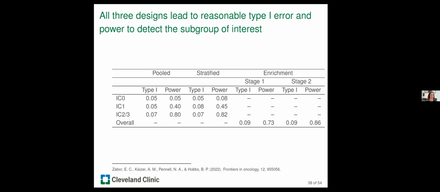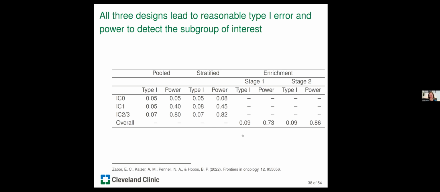And I'll show some numerical results as well, which indicate that all 3 designs lead to reasonable type 1 error and power. For the pooled and stratified designs, we only have subtype specific operating characteristics, but you can see for our subtype of interest in both of these designs, we have a type 1 error of 7% and a power right around 80%. So those are good properties.